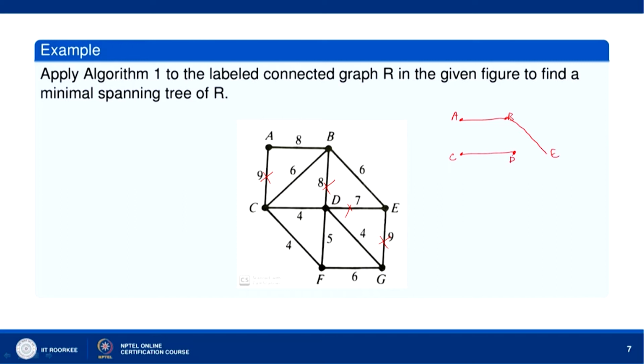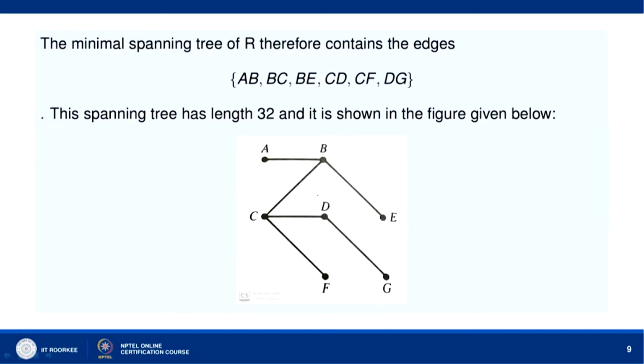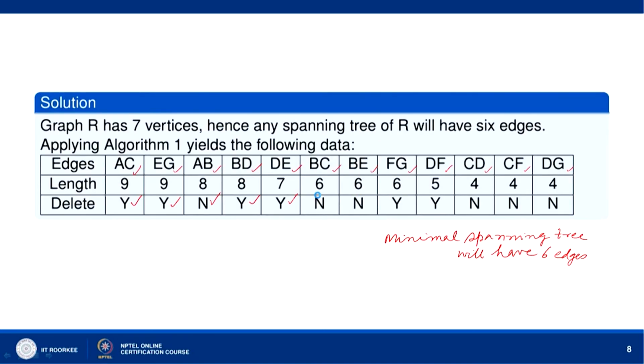So, we will have this, and then CF is there, and also DF we will delete later on. The question was whether BC can be deleted. If we delete it, that is this situation actually.